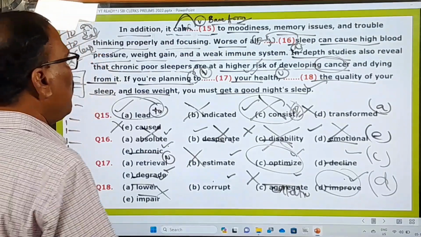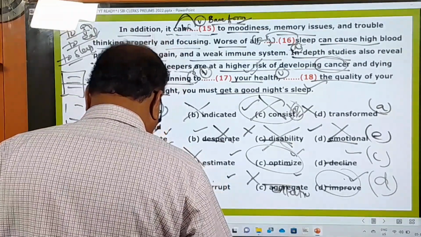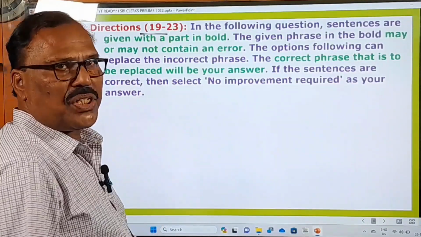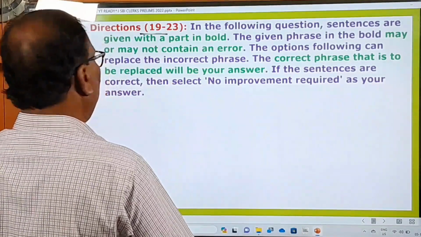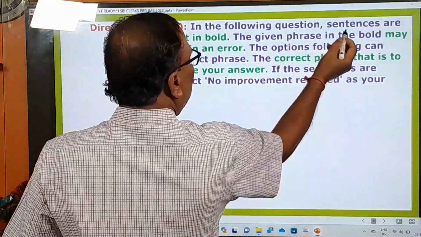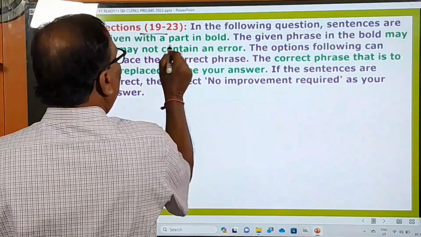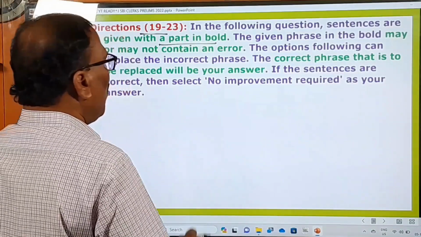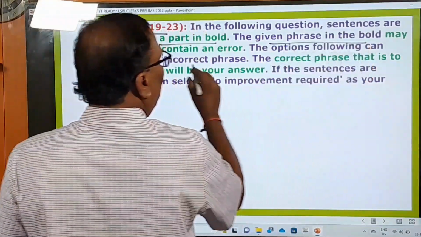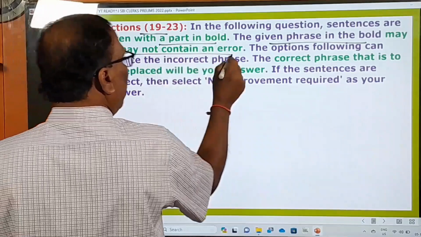Okay, now let's move on to the next questions. 19th to 23rd question. What are the directions given here? In the following questions, sentences are given with a part in bold. The given phrase in bold may or may not contain an error.